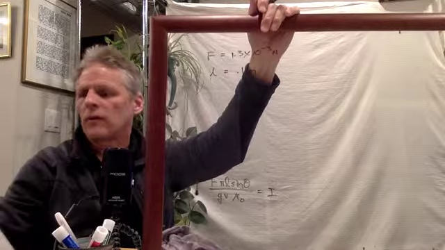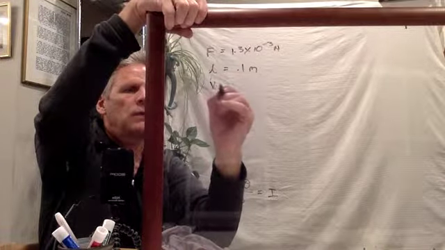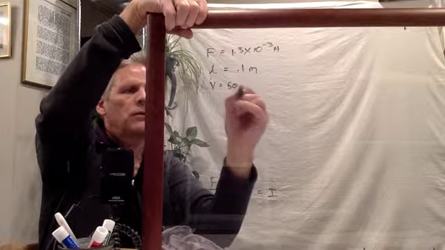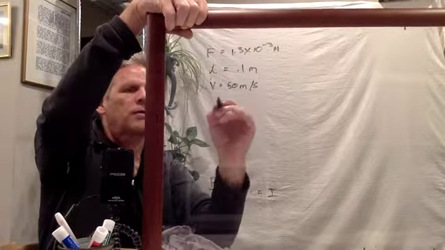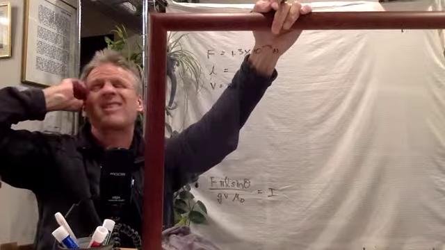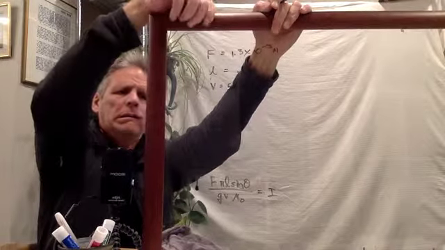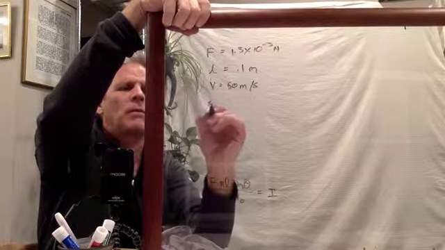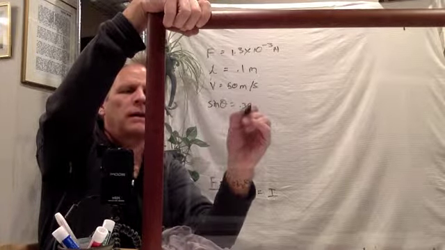All our distances need to be in meters. V equals 50 meters per second. Theta is equal to 22.5 degrees. Sine theta for that is like 0.39, I think. I'm going to hope I'm remembering that correctly. Sine theta equals 0.39.